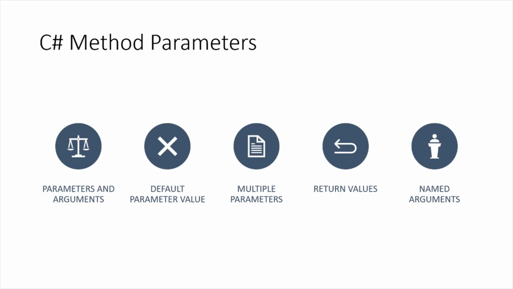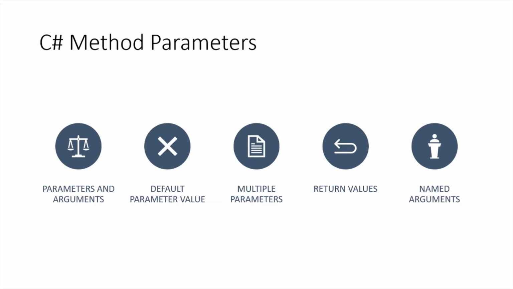So, methods, parameters and arguments. In a method you need to pass parameters, and those parameters can be used, they act as variables in the function, and that function can use those variables to do some calculation or some actions.